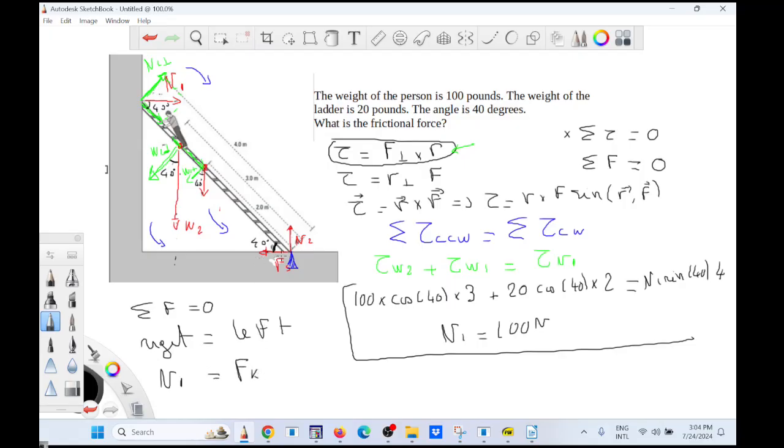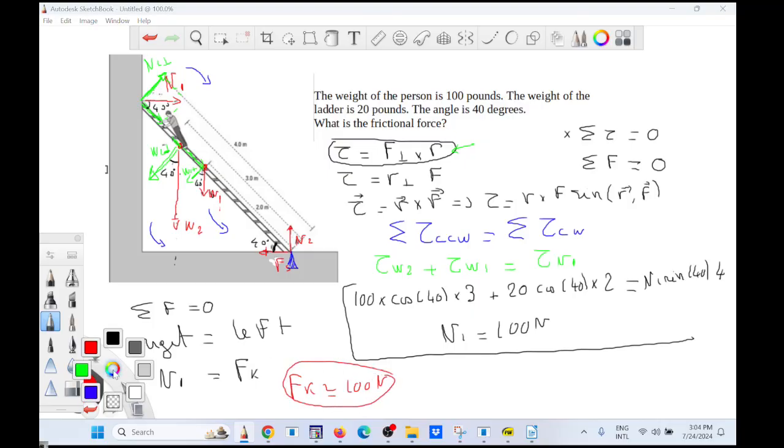Okay, I don't have anything else because this is down, and this is up. So N2 equals W2 plus W1, but along the horizontal you have this. So the friction will be about 100 Newton.